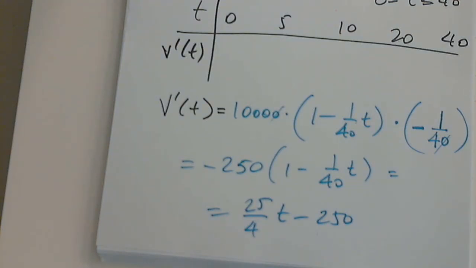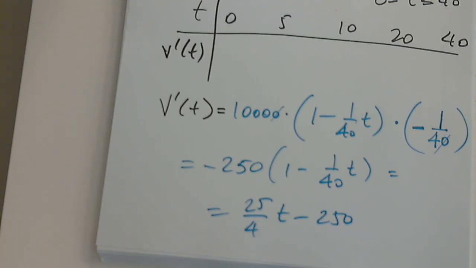Delete if you have anything in there. So 25 over 4 in parentheses, please. If you have better options, don't put parentheses. But if you don't have better options, please put parentheses. So 25 over 4 in parentheses times x minus 250.